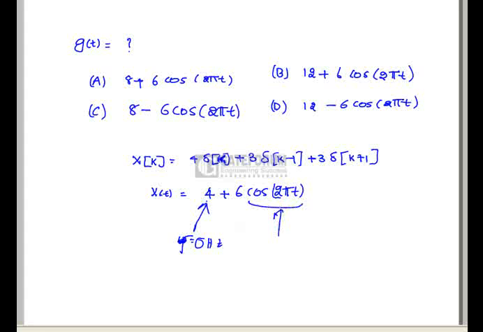For this term the frequency is 1 Hz. Hence g of t equals 8 plus 6 cos 2 pi t. Hence option A is correct.